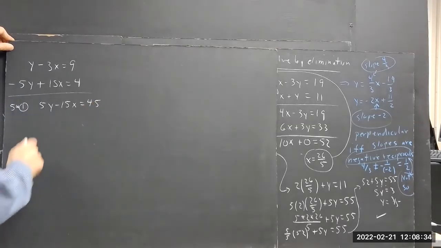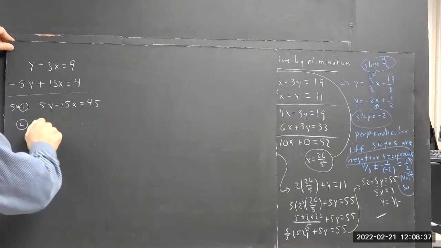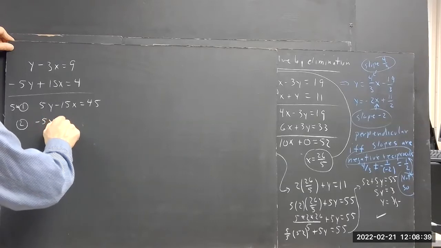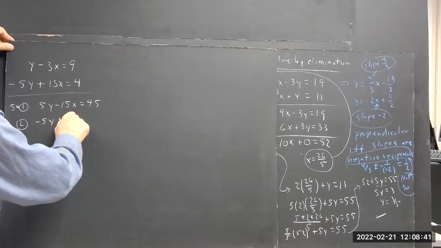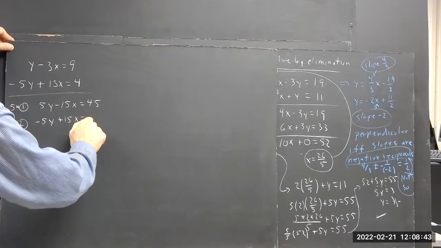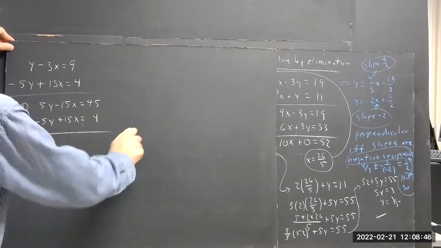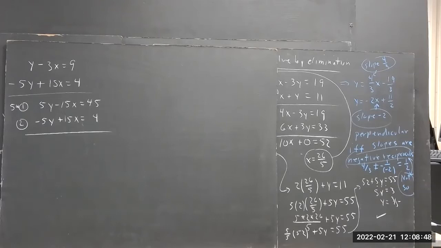And then your second equation doesn't need to be multiplied by anything. Sometimes it will. There we have it, right? Now, if I add the 5y and the negative 5y, I get 0.